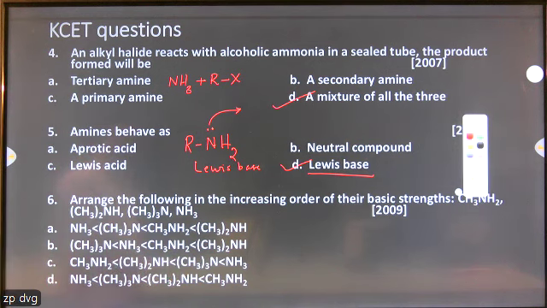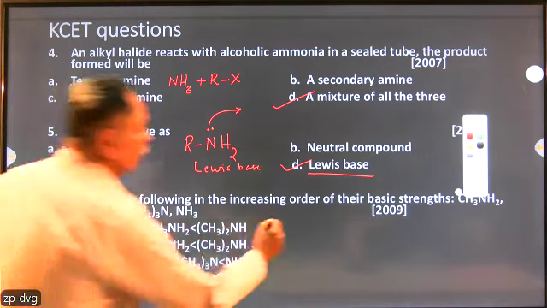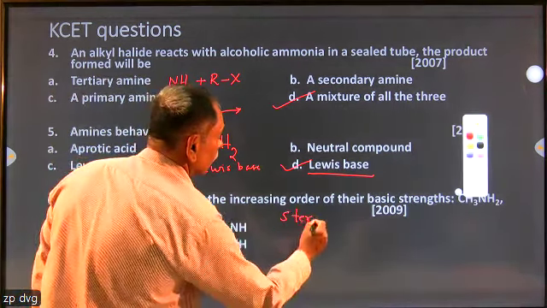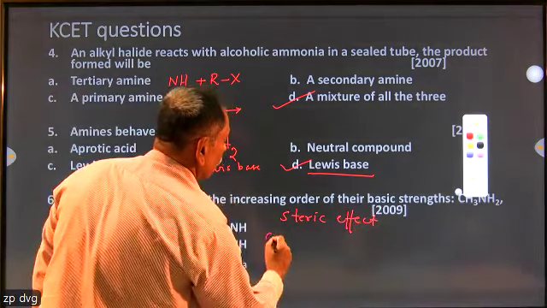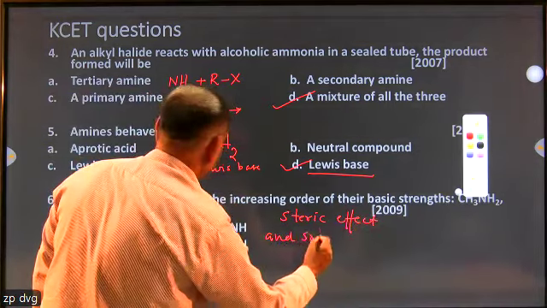But in case of methyl substituted amines, apart from the plus I effect, other effects also come into consideration, like steric effect and solvation effect.